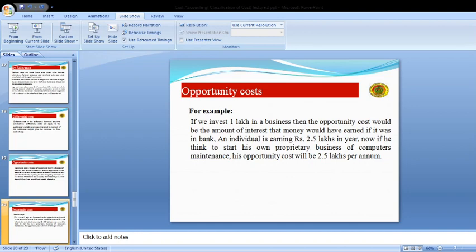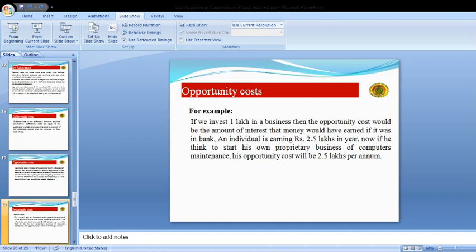Suppose you join a college and you are paying a fee of 50,000. If it is an MBA college, maybe 5 lakhs. So, you are paying a fee of 5 lakhs for 2 years.